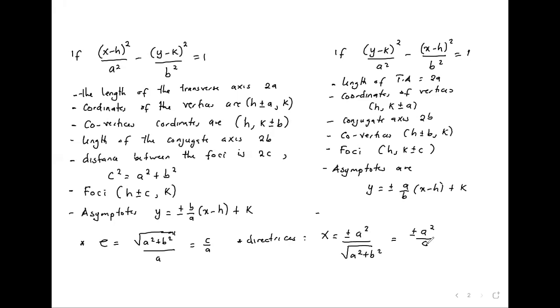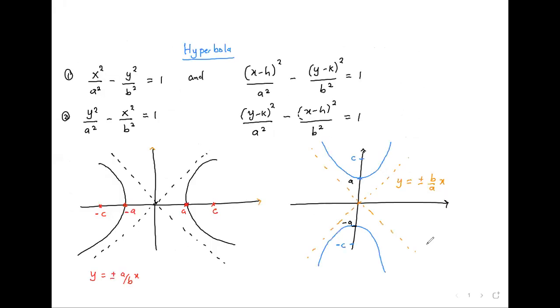It's obtained using the same formula, except that what differs is how you obtain c. You don't talk about c for the parabola. For the ellipse, we obtain it by subtracting a squared minus b squared. But for the hyperbola, you add the two, because c, as you can see here, is larger than a, whereas for the ellipse it sits inside.